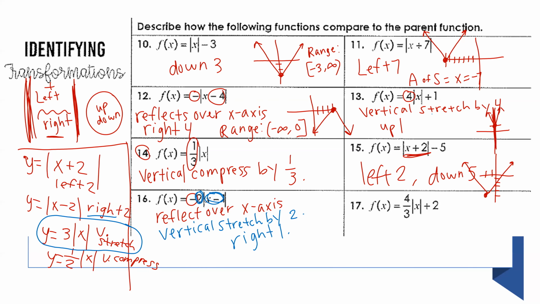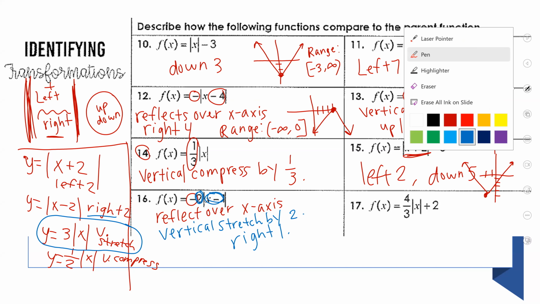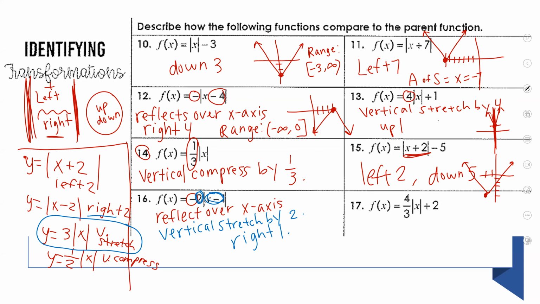All right, so number 17. We have 4/3. Is 4/3 bigger than 1 or less than 1? Bigger. So let's look over here at your notes. If my number in front is bigger, is it a vertical stretch or a compress? Stretch. So this is a vertical stretch by 4/3.